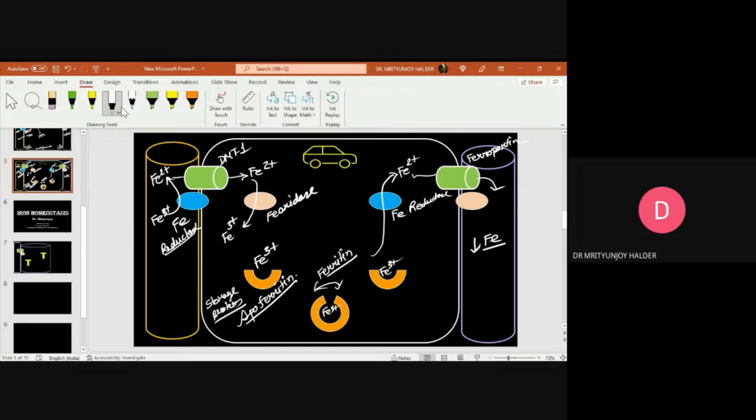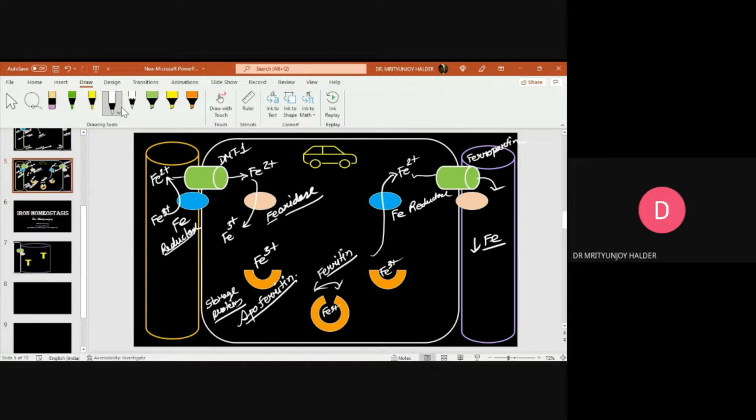Okay, so a quick recapitulation: all the ferric form converts into the ferrous form. So now in the GI tract, only the ferrous form is there. This ferrous form, with the help of DMT1, enters the intestinal cell, and here, for storage purposes, with the help of iron oxidase, it again converts into the ferric form.